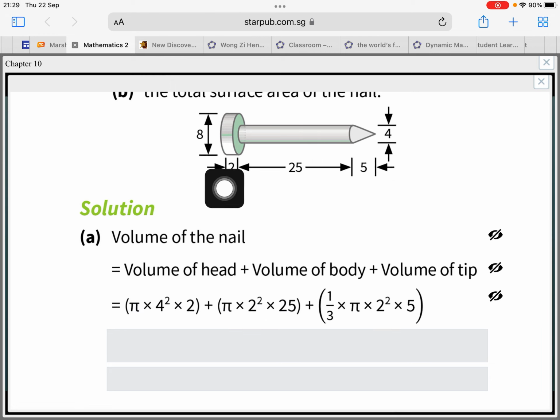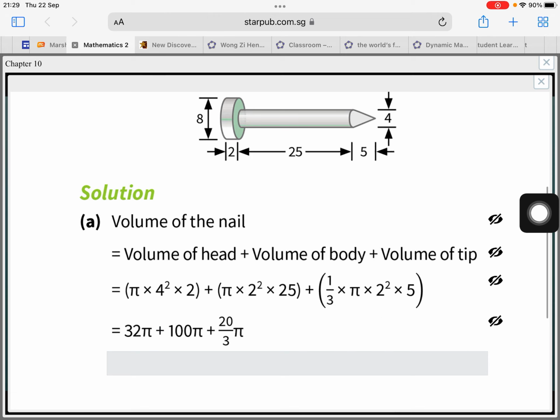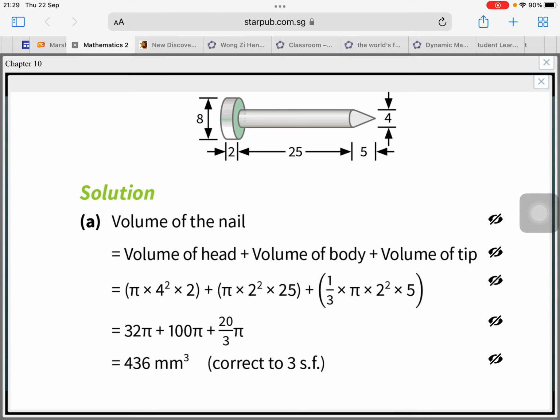Body, pi 2 square times 25. And the tip, 1/3 pi r square h, 1/3 pi 2 square h. Key everything in the calculator, and you should get about 436 mm cube.